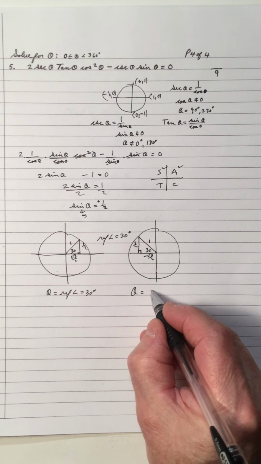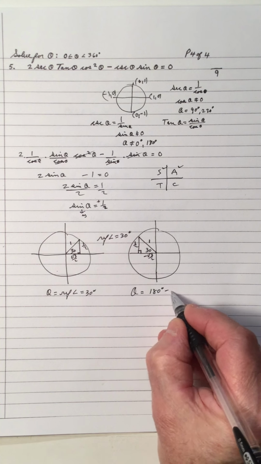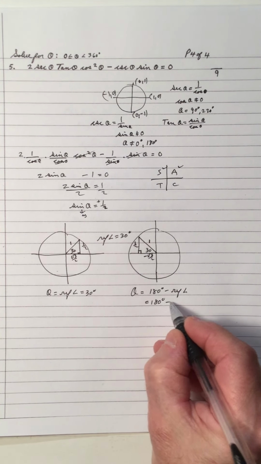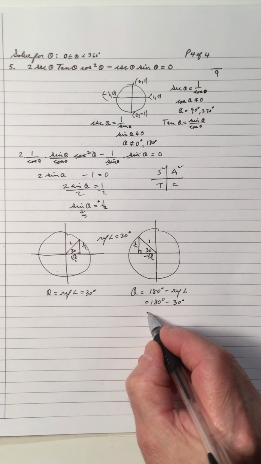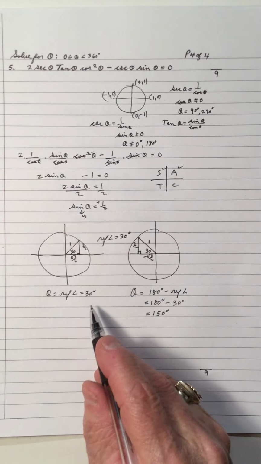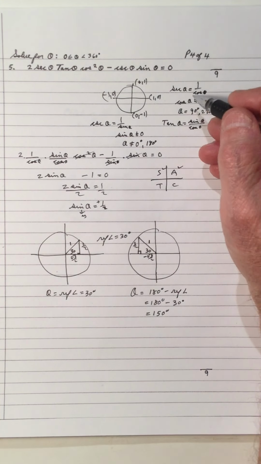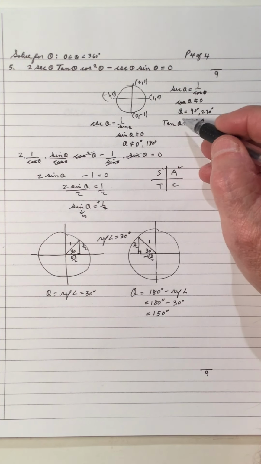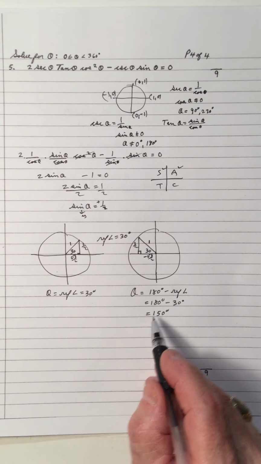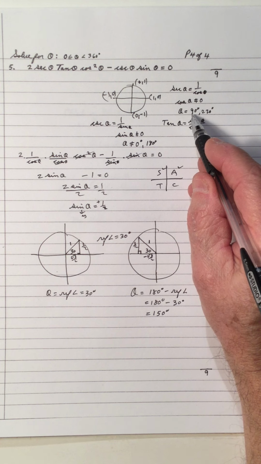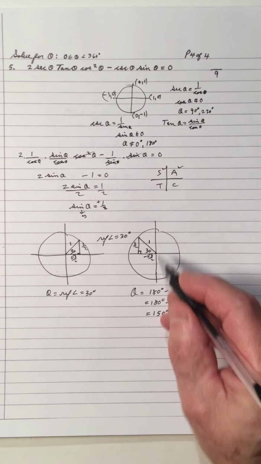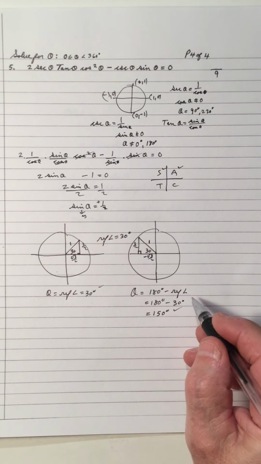And theta in the second quadrant is 180 minus the reference angle, so 180 minus 30 is 150. We dealt with all the extraneous roots. So we'll have a 30 and a 150. The 30 and the 150 are not 90, 270, 0, or 180, so everything is okay. So these are the answers.